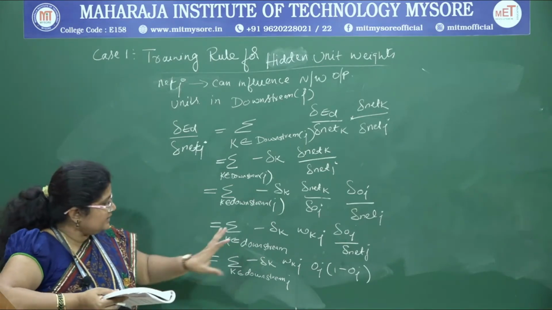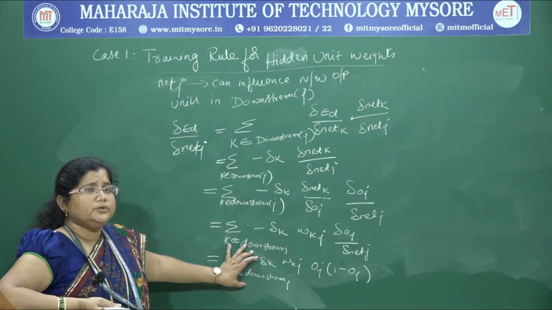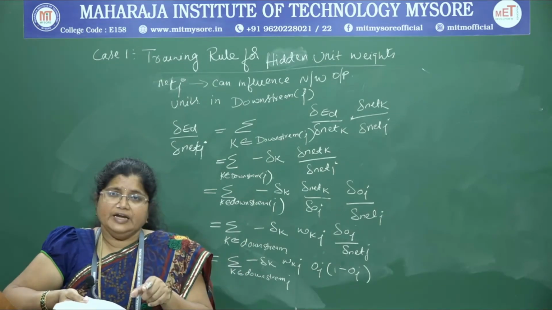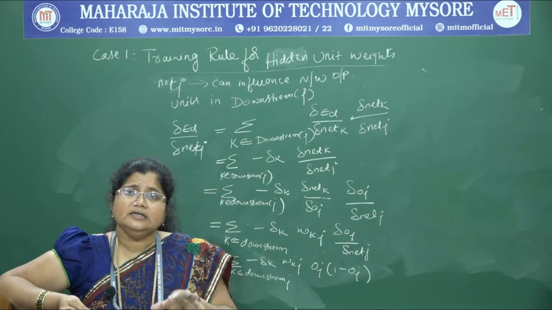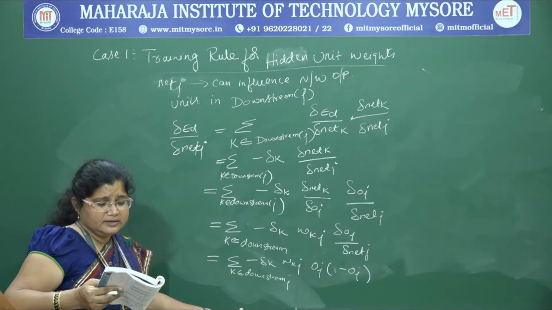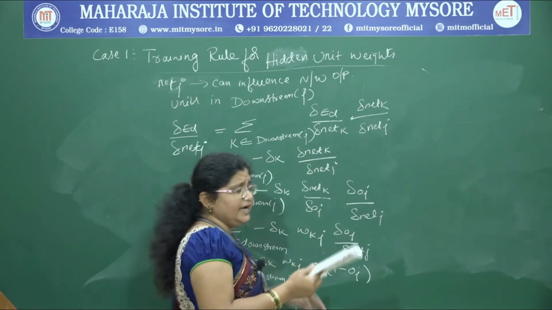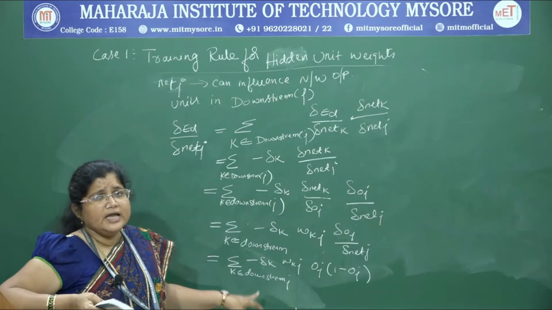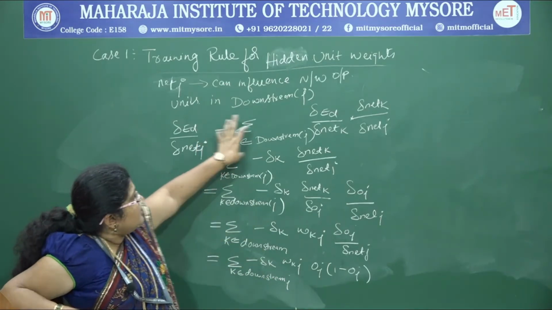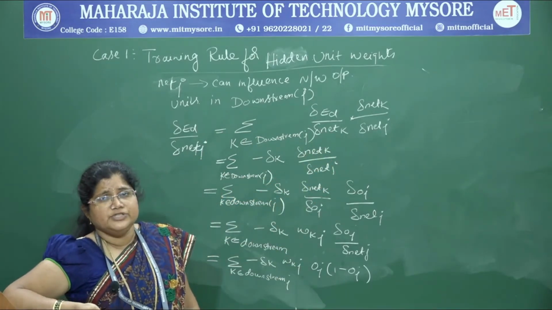Now, by rearranging this formula, we are going to obtain the update of a weight inside the hidden unit. Let us rearrange this, and we are going to obtain minus delta Ed by delta Wji.